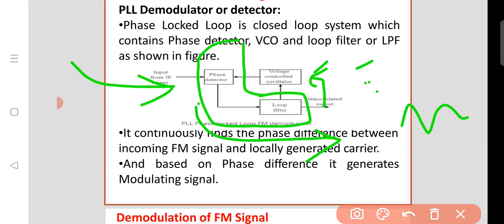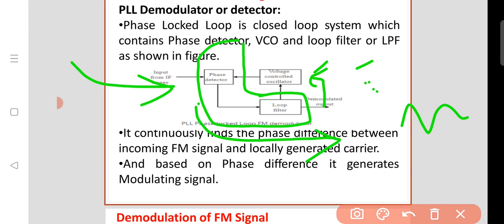So now it compares both phases, meaning the input FM wave and the output from the VCO. Both are compared and again fed to the low pass filter, which eliminates the high band and keeps the low frequencies only.